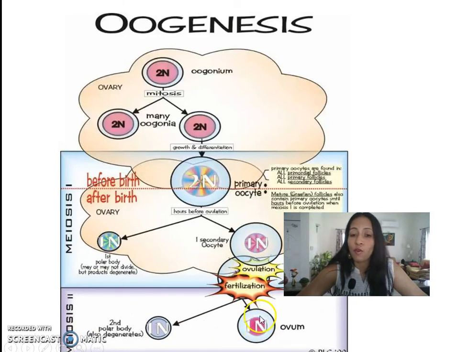So ovum formation actually takes place when the egg, the secondary oocyte, is about to get fertilized. The point I want to make here is that during ovulation, which we'll be studying a little while later, it is a secondary oocyte which is released from the Graafian follicle.